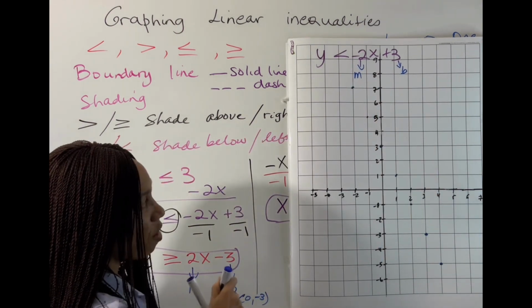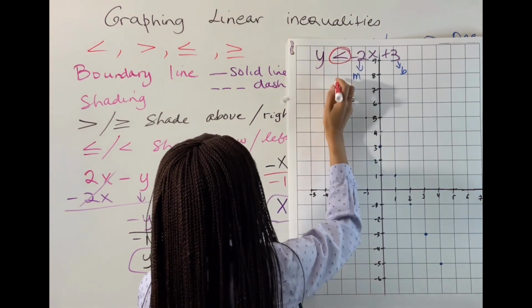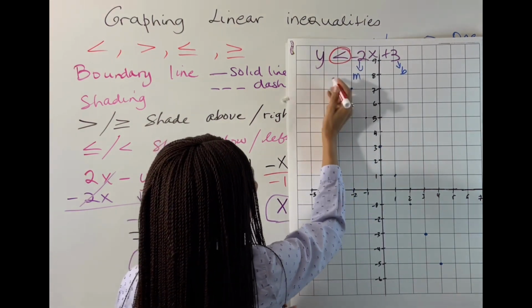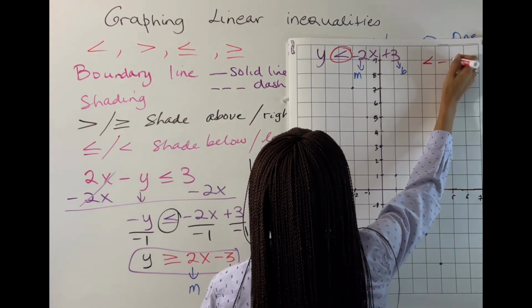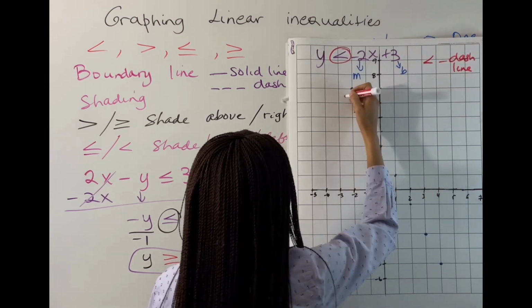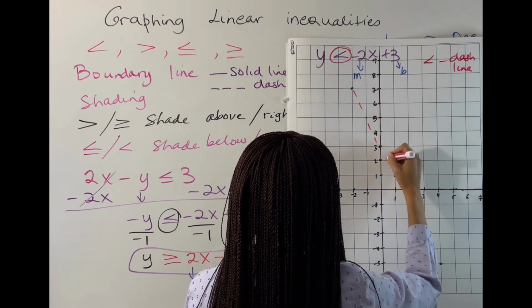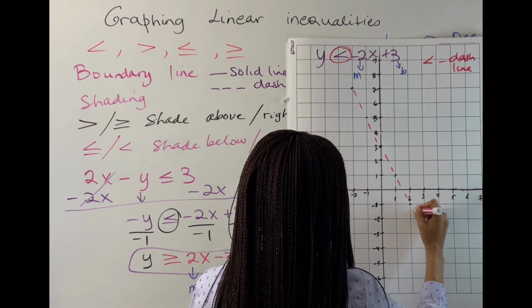Now, the next thing that we can identify from this is that because it is a less than symbol, we need a dash line. So I need a dash line that's going to go in between for this particular problem.